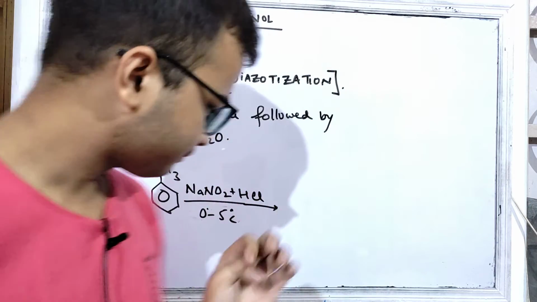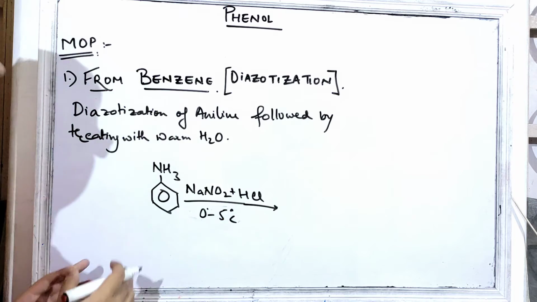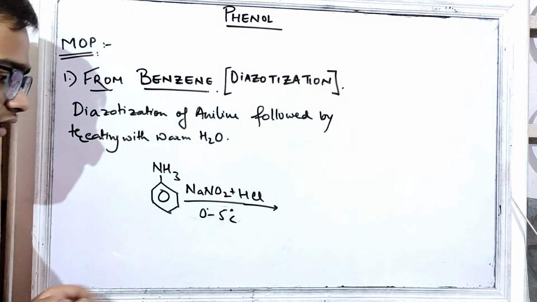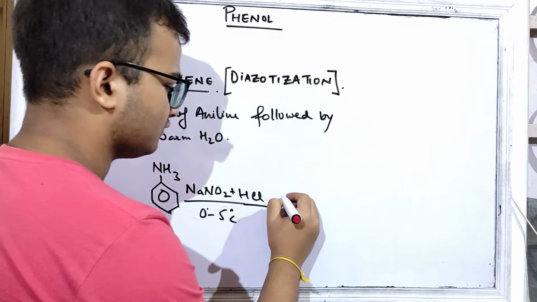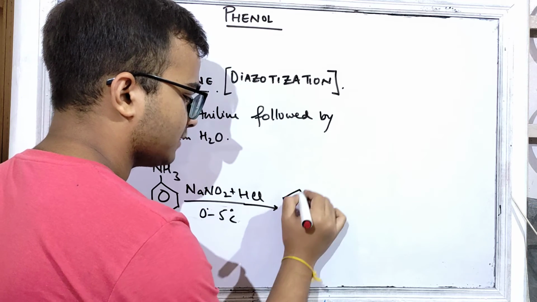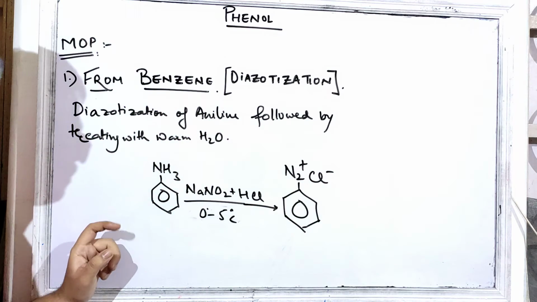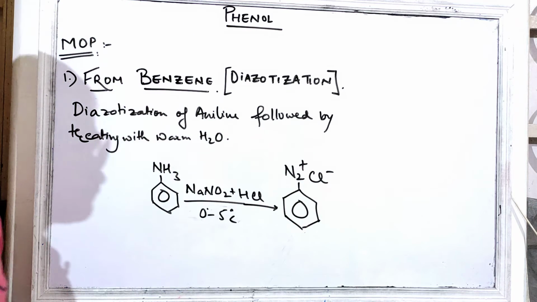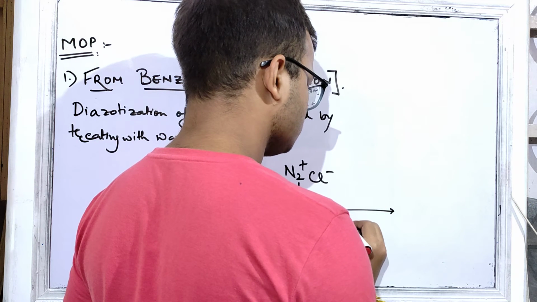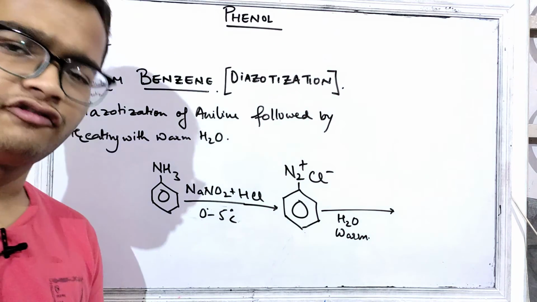For the time being, remember that from aniline we perform diazotization with NaNO2 plus HCl at 0 to 5 degrees centigrade, and as a result we get diazonium salt. You can also call it benzene diazonium salt, which looks like this, N2 plus and Cl minus. Now when you treat this benzene diazonium salt with warm water, H2O warm, we obtain our required product, which is phenol.